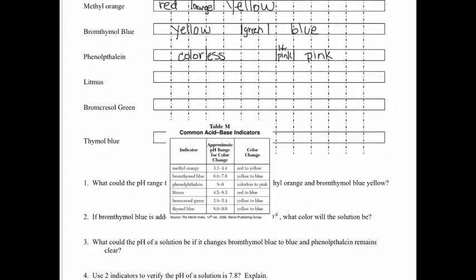Litmus changes between a pH of 4.5 and 8.3, and it goes from red to blue, and in between is purple.